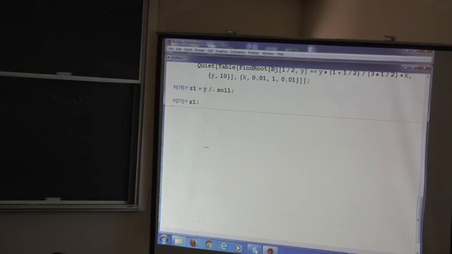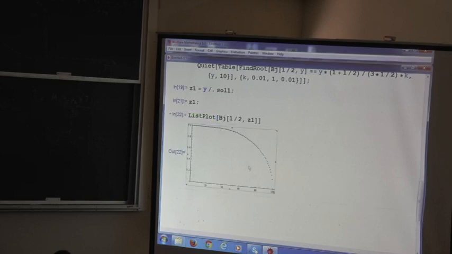I have Bj, it's a spin half system. I have my solutions, which I call Z1, and I'm going to plot this. Let's list plot this, my solution.